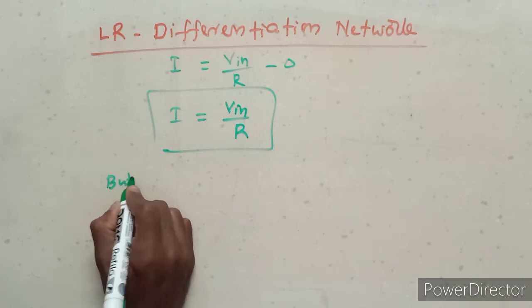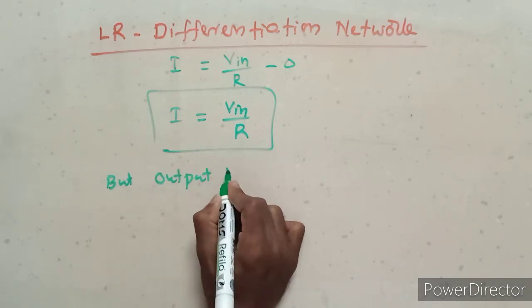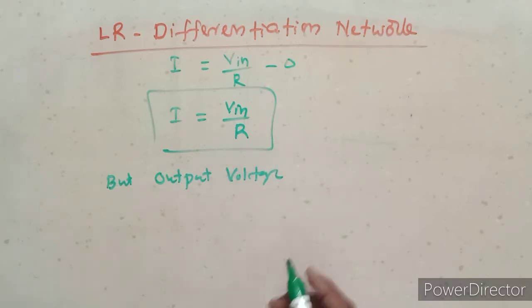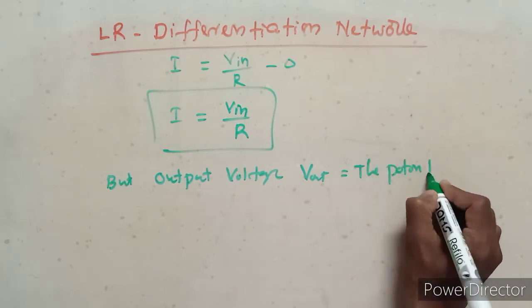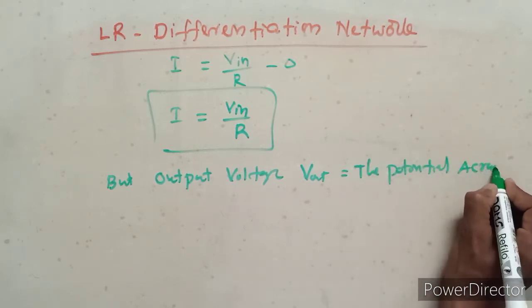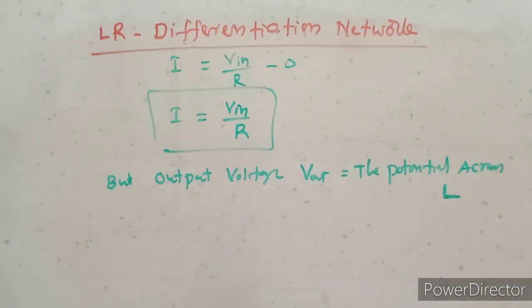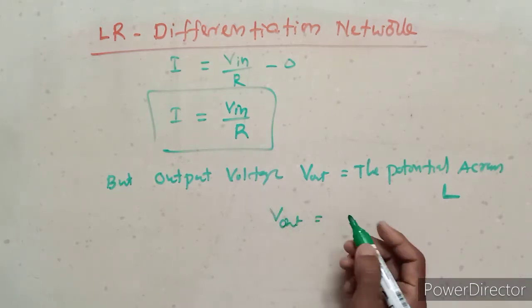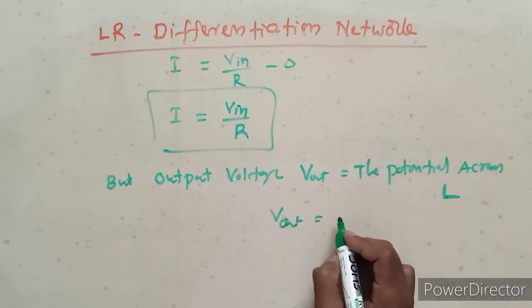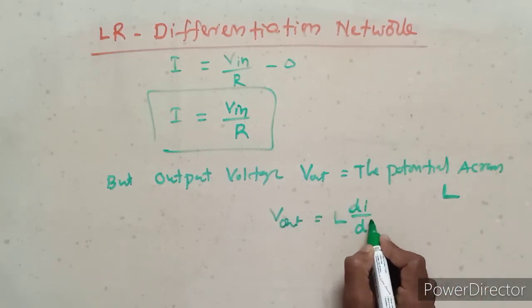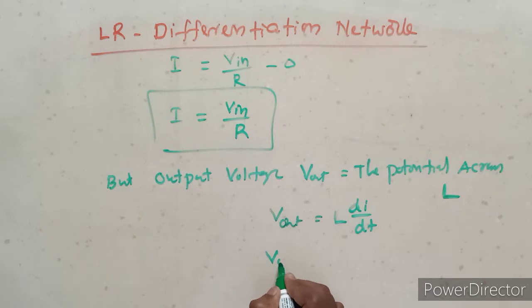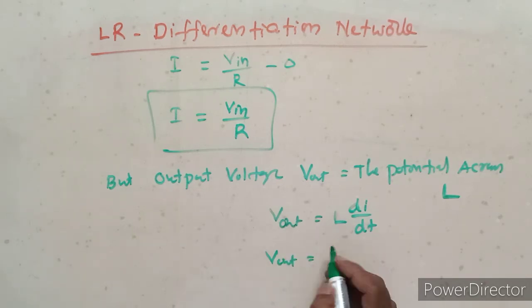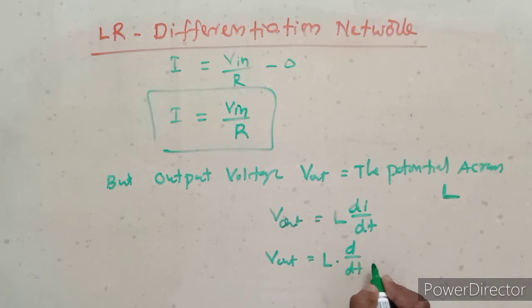But the output voltage V out equals the potential across the inductance, which equals L into di upon dt. V out means output voltage. What is I?